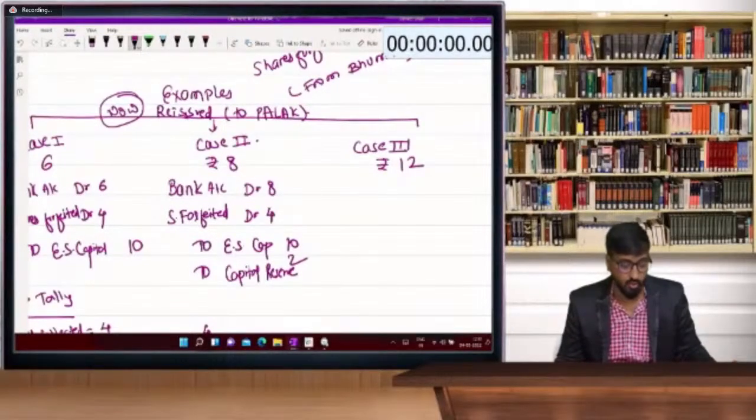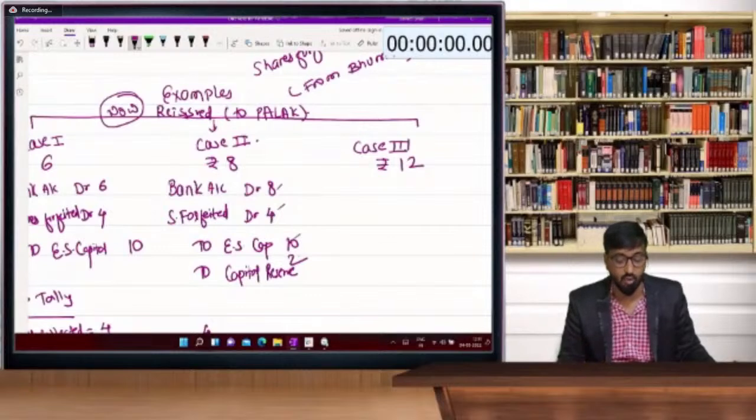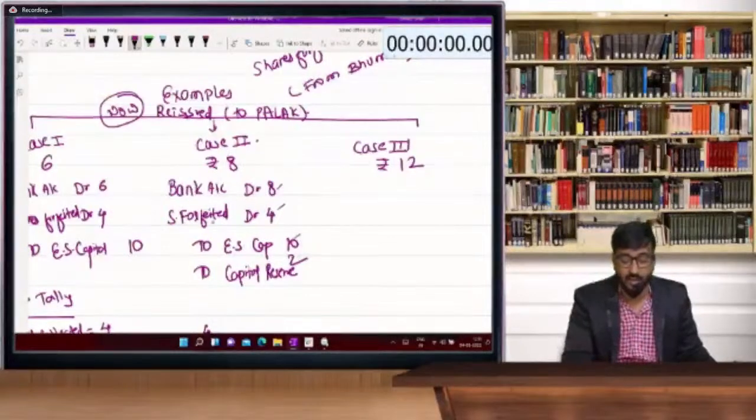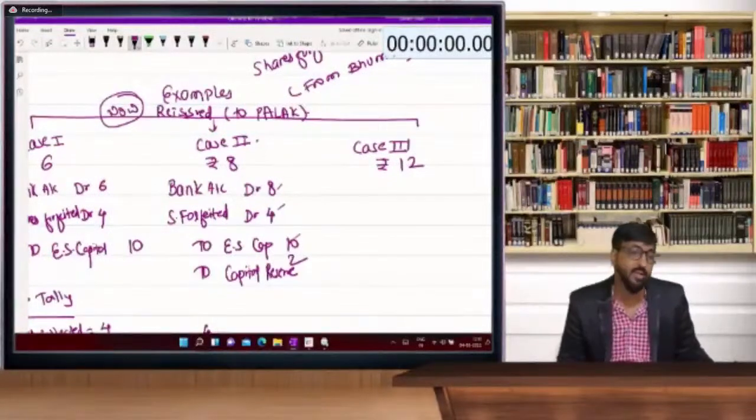So beta, in study material you may have 2 different entries: bank account debit 8, shares forfeited 2, to equity share capital 10, and then a second entry, shares forfeited 2, to capital reserve 2. So the institute is passing 2 separate entries. I am passing a combined entry. So both answers are correct. Don't worry.